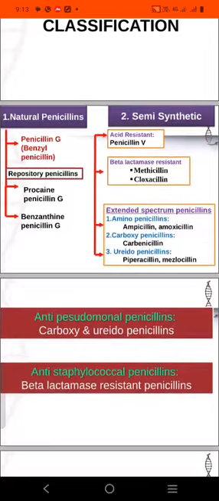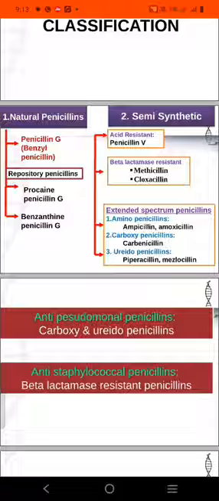Then this penicillin is a narrow spectrum antibiotic. It is effective only for gram-positive bacteria. So we are extending the spectrum to other organisms. That's why the extended spectrum penicillins are coming. In this we have aminopenicillins, that is ampicillin, amoxicillin, carboxypenicillin, carbenicillin, ureidopenicillin, piperacillin, mezlocillin.